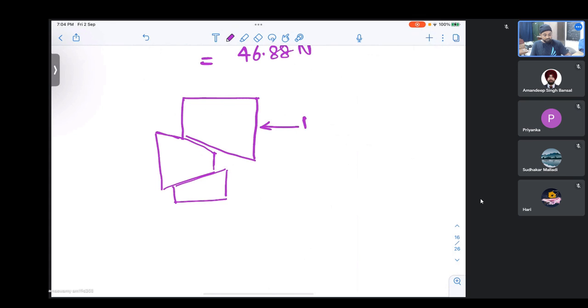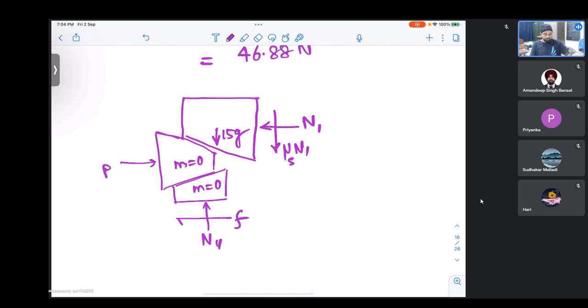So we have N1, then we have mu s N1. The total system's downward force is 15G only because these are weightless, is the assumption here. Then we have N4 here, we have P here, and then we have F here.